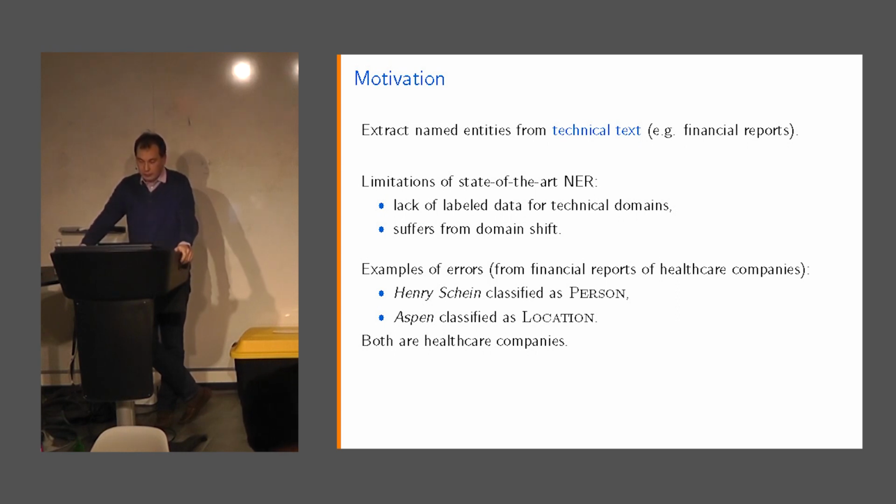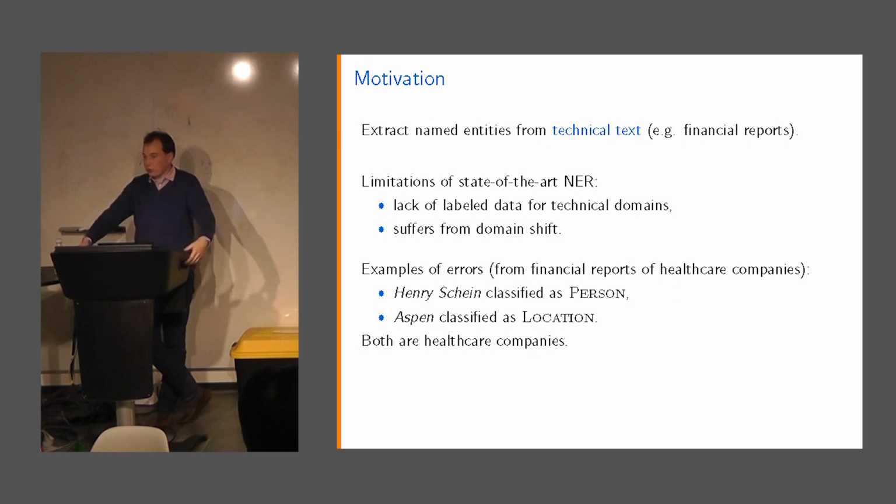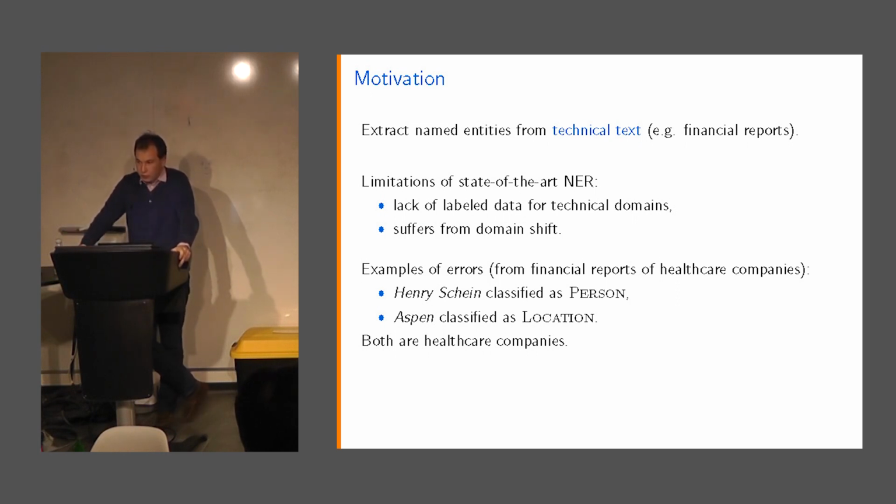Second, because there's domain shift, so even if you just want to extract, for example, the names of organizations from financial reports, a system trained on text from the general domain does very poorly on technical text.